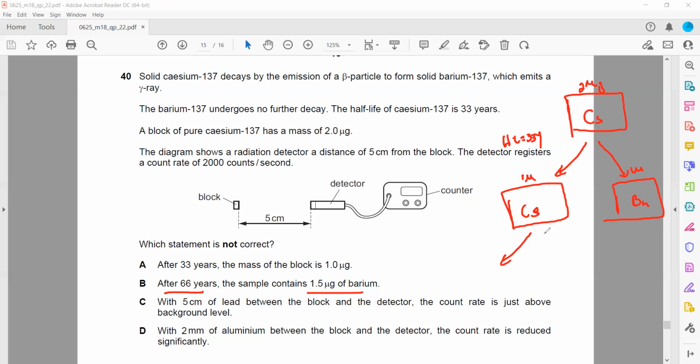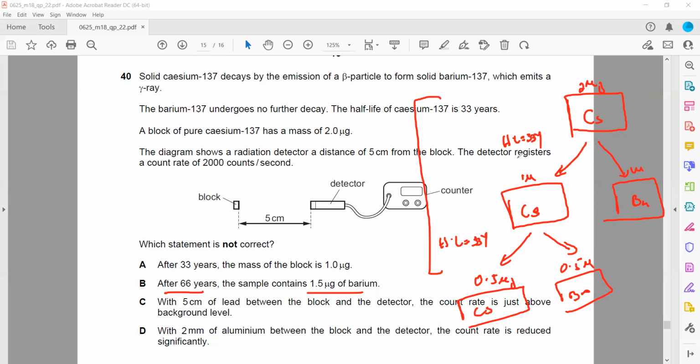After another 33 years, because half-life is 33 years, 0.5 microgram will be cesium and 0.5 microgram will be barium. So it means a total of 66 years. After 66 years, how much barium will be there? 1 microgram and 0.5 microgram. So 1 plus 0.5, that is 1.5. So this statement is true.